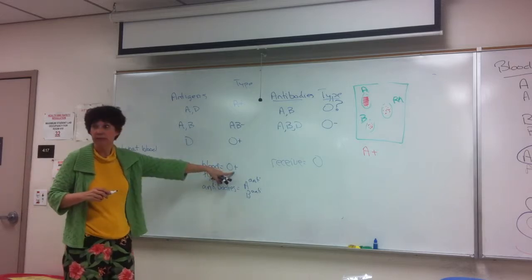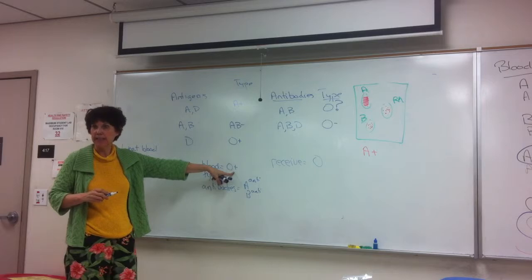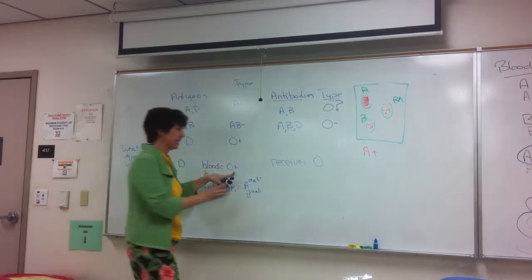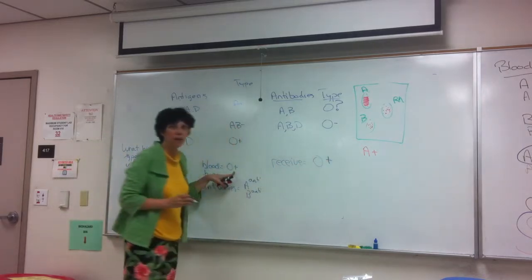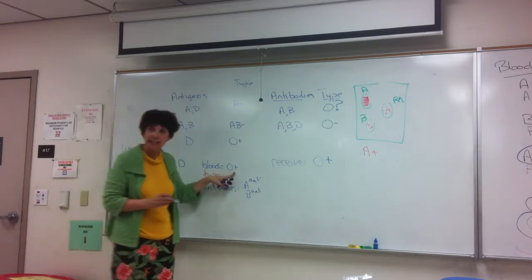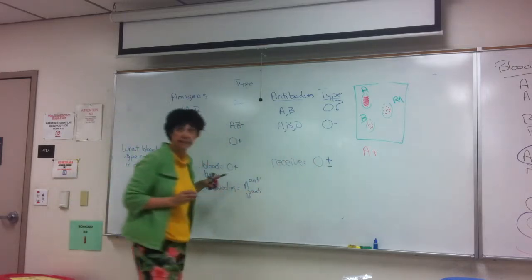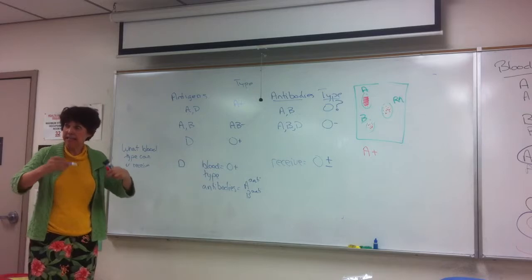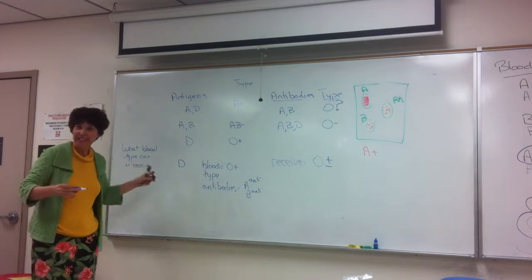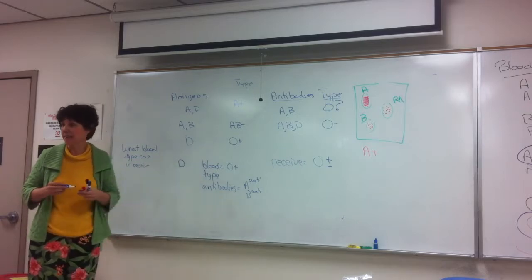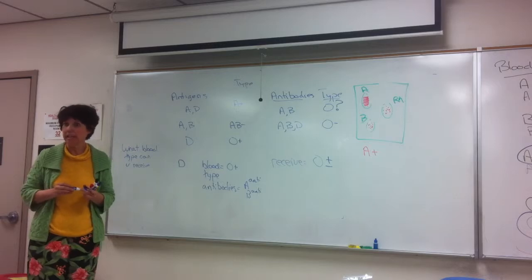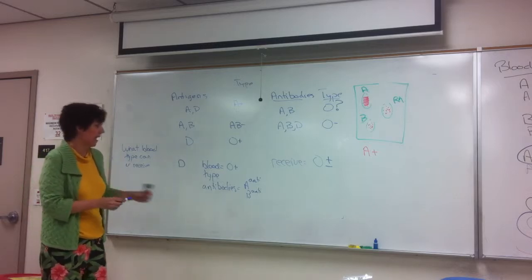Now we need to look at the positive and the negative part. This is positive. Can I receive O positive blood? Yes. Can I receive O negative blood? Yes. Okay? If you go step by step, you can figure that out without having the table memorized. Okay? Let's try it for something else.